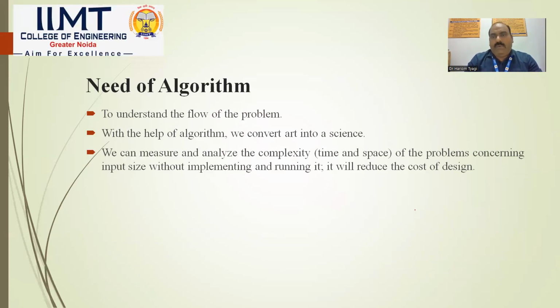Okay. So after analyzing the complexity of many algorithms, like the many algorithms for solving sorting, then we can check and we can reduce the cost of design, reduce the time complexity and reduce the space. These are the needs of algorithm.